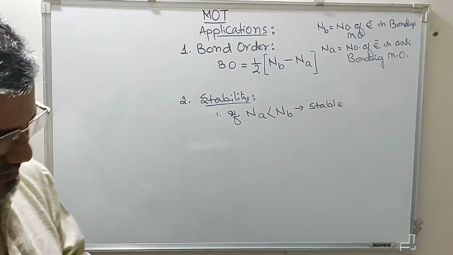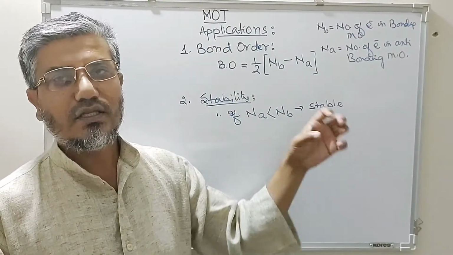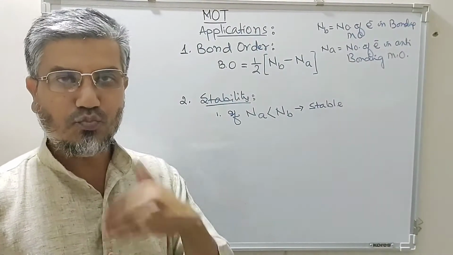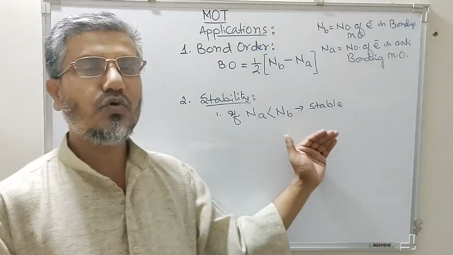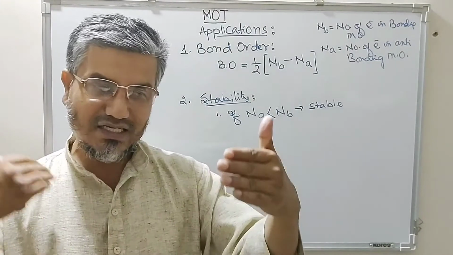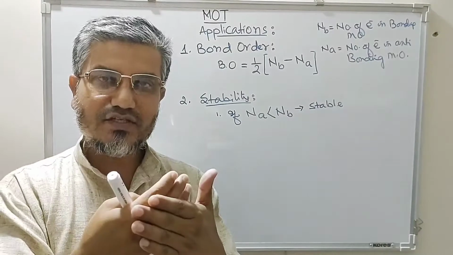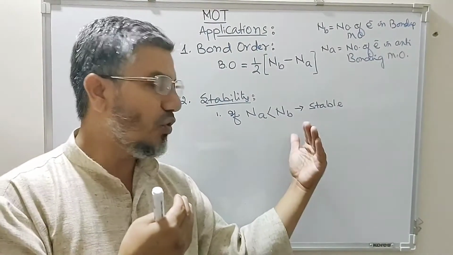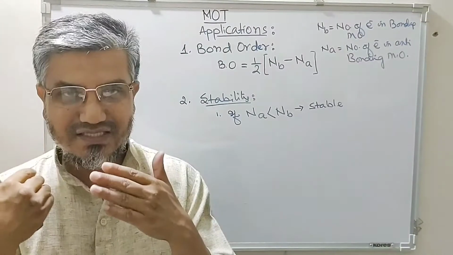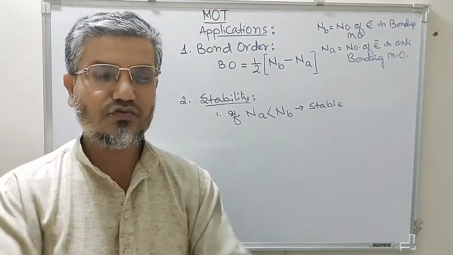As I have told you earlier, bonding molecular orbital is more stable than anti-bonding molecular orbital, because in bonding molecular orbital there was a constructive interference, that is same phase orbitals overlap to give you a bonding molecular orbital in which there is an increase in density, that is there is an attractive force.